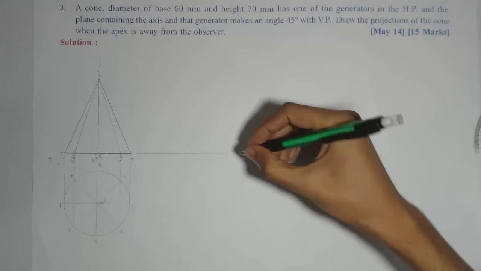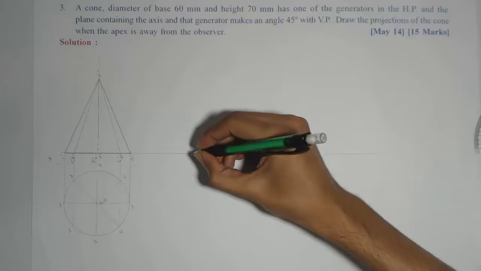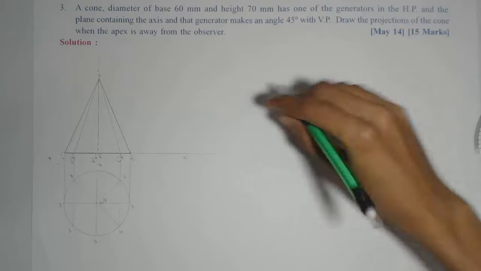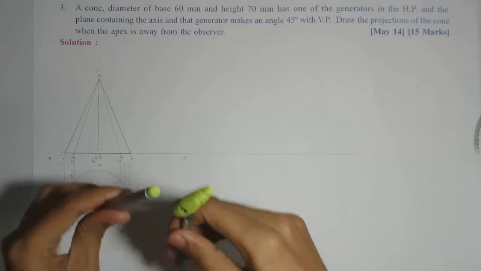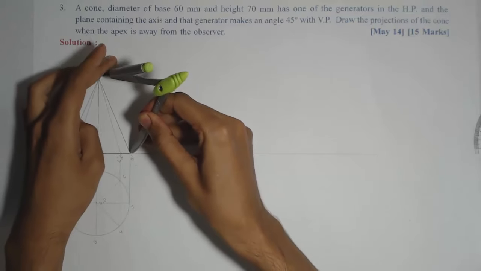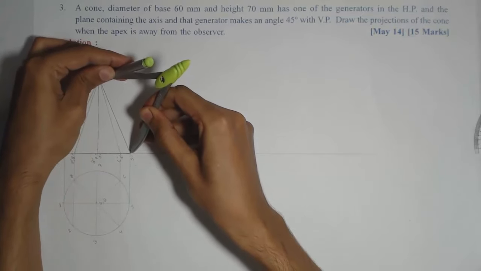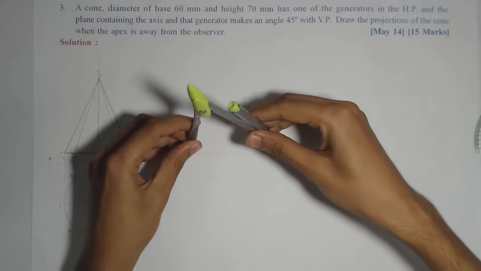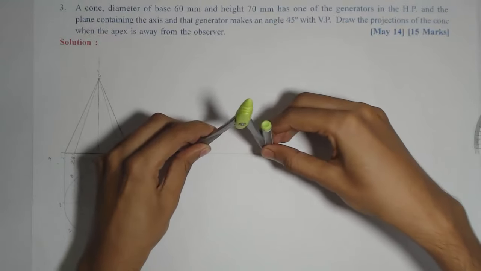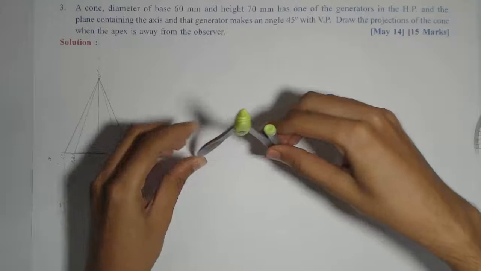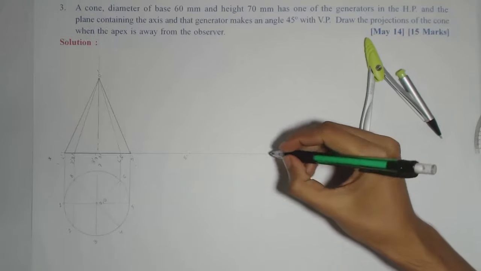So that point is 5 dash here. So I'll keep 5 dash on the XY. Now I'll mark the length of the generator O dash 5 dash, because that generator we need to keep entirely on the HP as given in the problem question. So this will give me O dash.